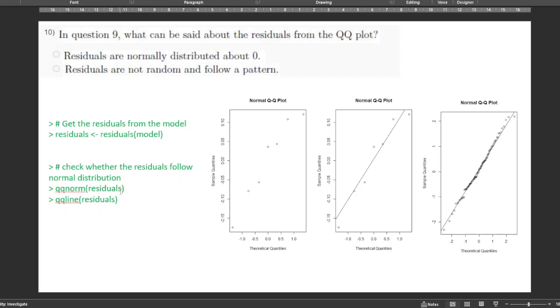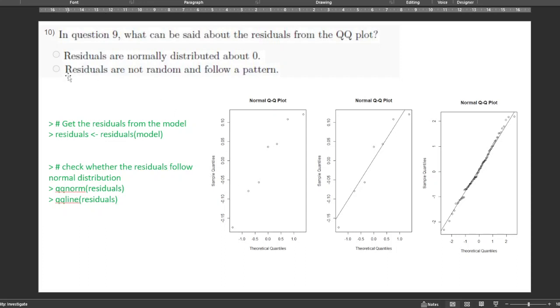So this will plot the residual values in a QQ plot, and you can see it follows some trend, but it is not exactly a straight line. It has some trend, and we can't say it is completely randomly distributed.